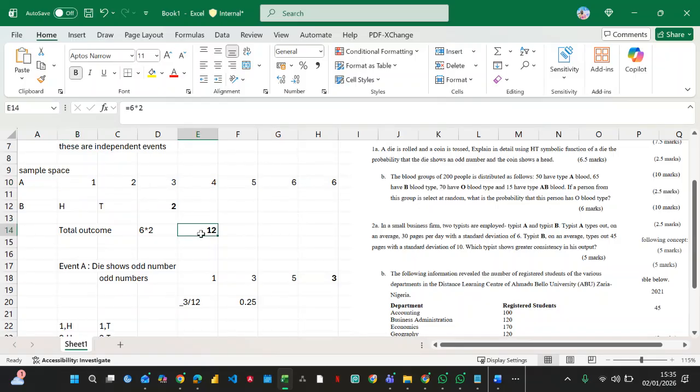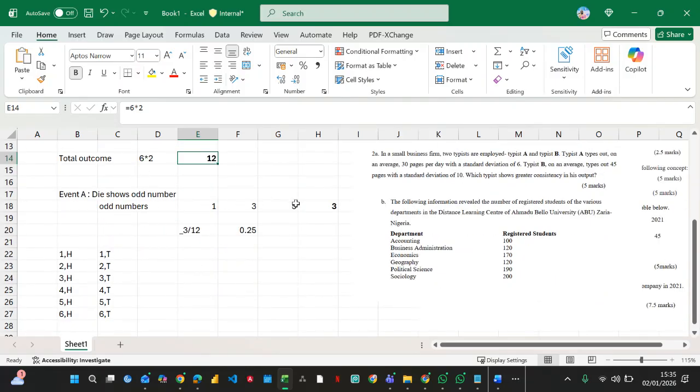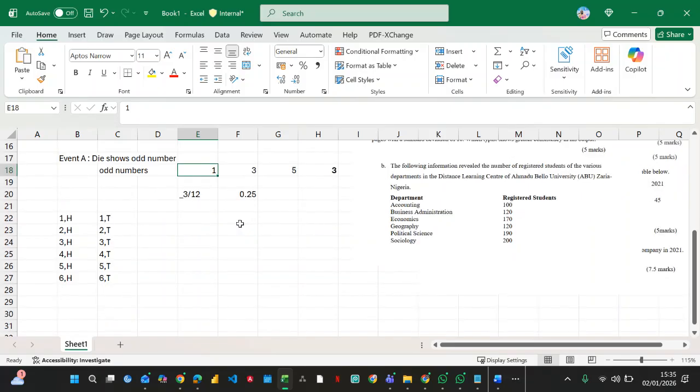That's what it means. I'm just illustrating this in the diagram so that I can explain it better. That is why we use our multiplication sign to get 12. If it were an individual event, I cannot use 12 as the outcome of this. This 12 was for the two of them when I use the and condition to get the multiplication probability.